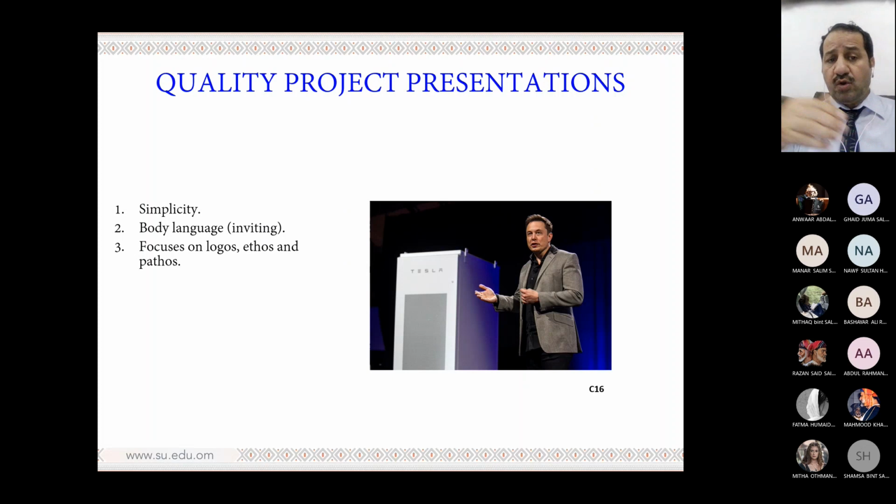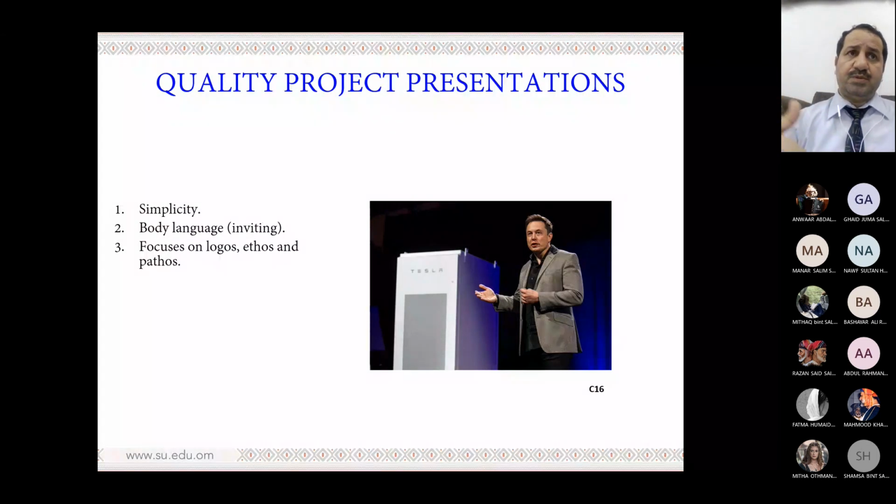Also focus on what they call logos, ethos, and pathos. Logos is related to the audience, the reason behind, or the argument transferred to the audience. And ethos is about your authority to present your data and information. In the first point, which is logos, you definitely use data, statistics, and so on.